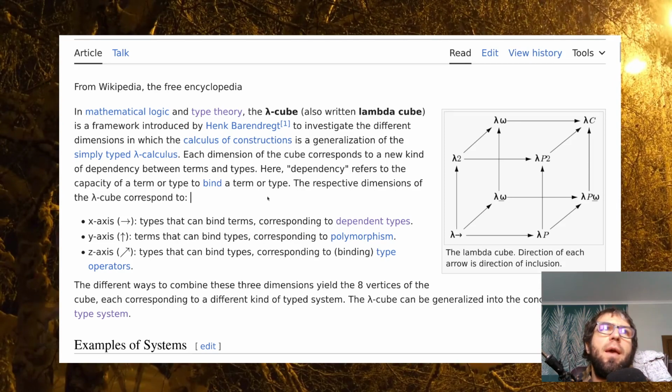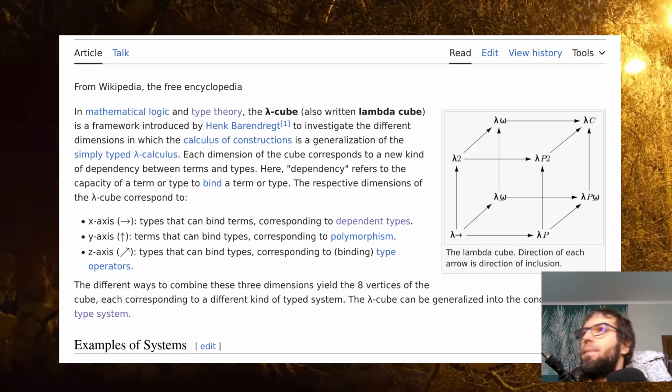On the y arrow, or vertical arrow, they add the ability to have terms that can be bound to types, in other words, terms that depend on types, and this is called polymorphism. And the z-axis provides us type operators, so types can depend on other types.